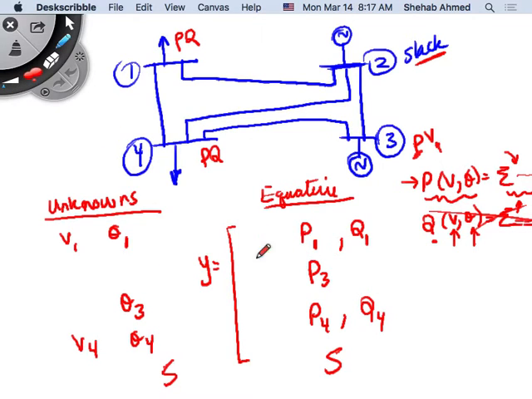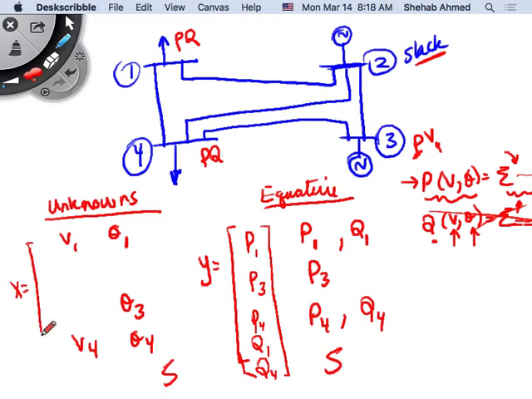So how would I write my y vector? I would write P1, P3, P4, Q1, and then Q4. That would be my y vector, okay? And then my x vector, or vector of unknowns, they also do something similar.